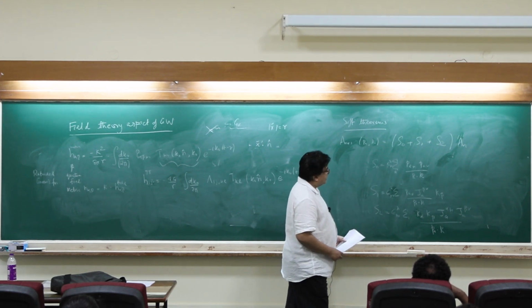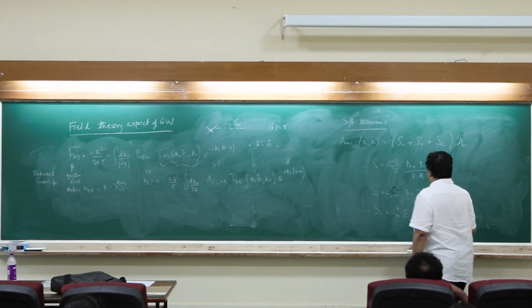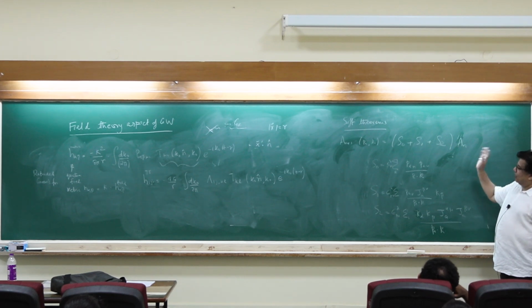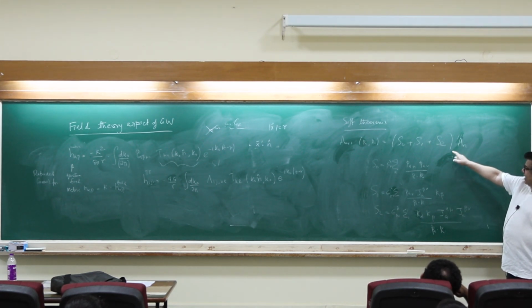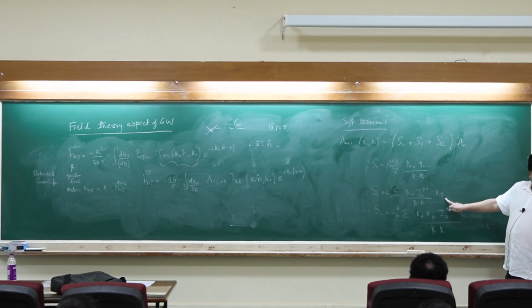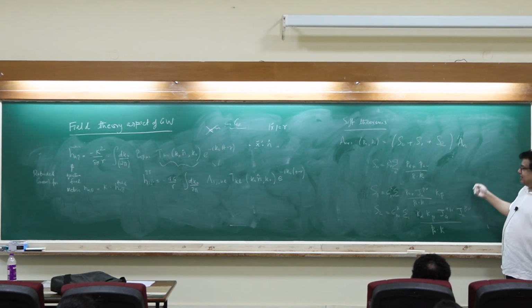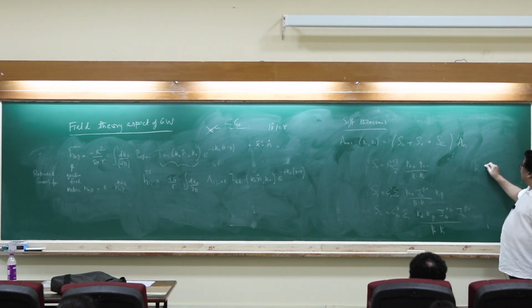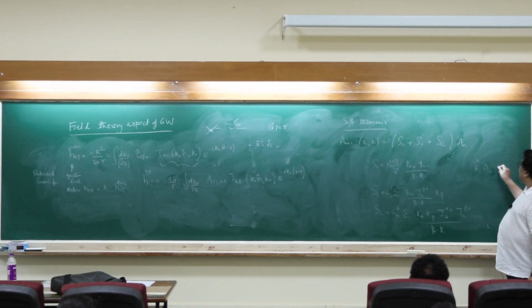These things one can derive not by calculating diagrams, but by supposing you write the most general term, first order in k beta, and where you use the conservation equations. So k dot the amplitude is 0.